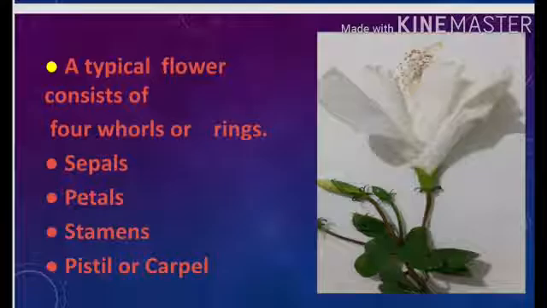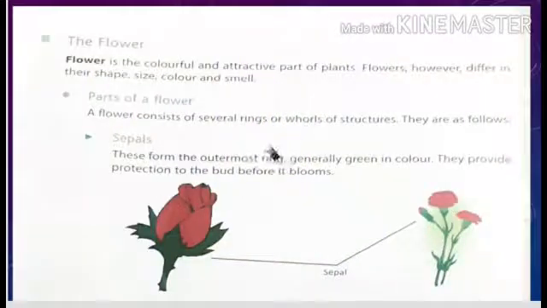Now this is the time to discuss it broadly as the text given in our book. The flower is the beautiful and attractive part of the plants. Flowers, however, differ in size, shape, and fragrance from plant to plant. Parts of a flower consist of several rings or whorls.